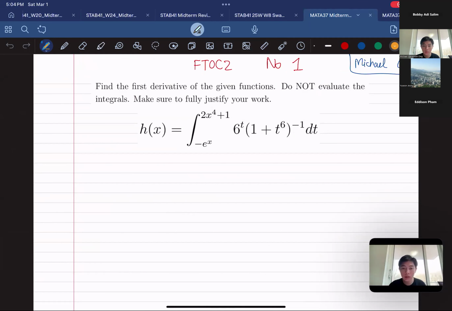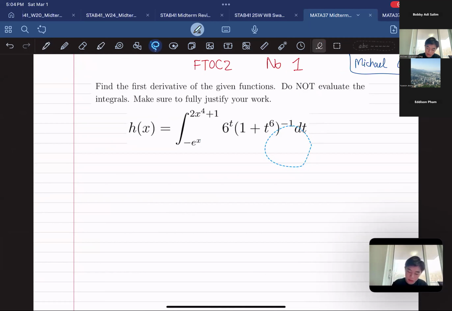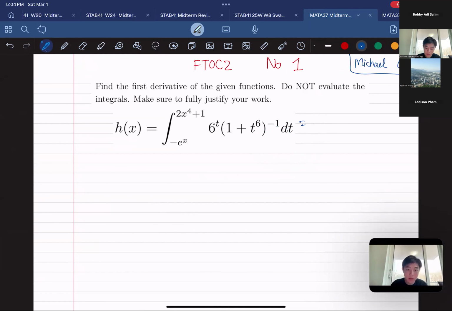Right. One important thing that Kathleen really likes is a bunch of justifications. For FTOC2 kind of questions, she wants us to display them one by one. So in this case, I could see this function like this. We can put them down in the denominator because we have a power of -1.